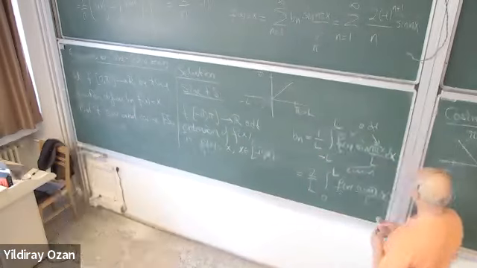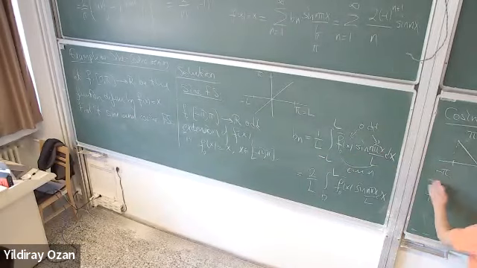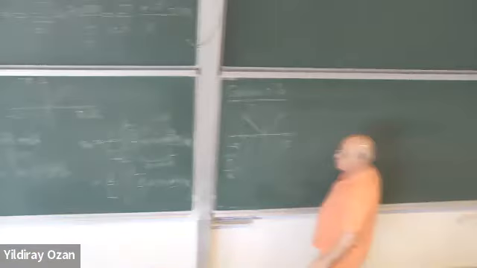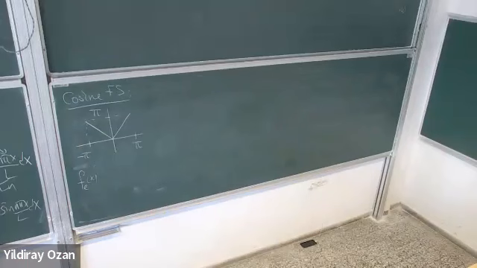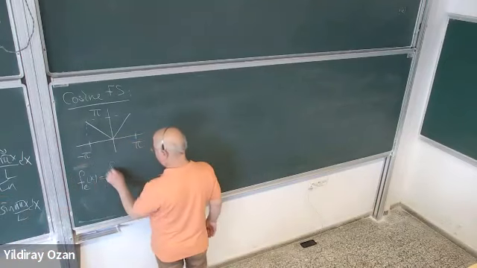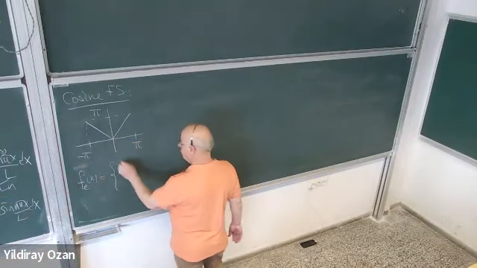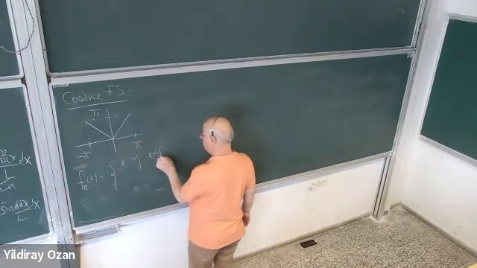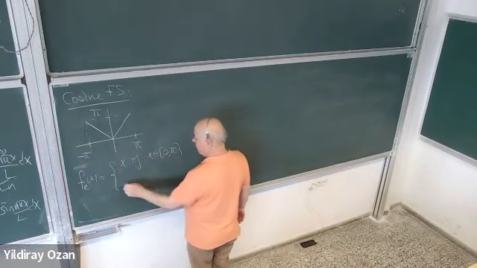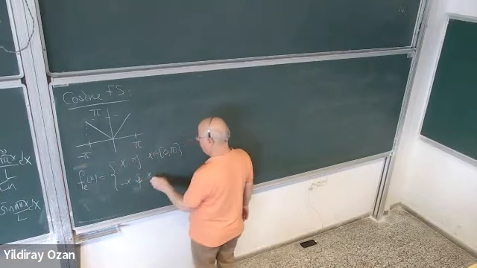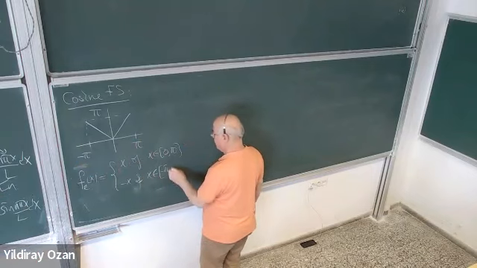And this is the even extension. So what is the even extension? It is just the absolute value of x. So x if x is between 0 and pi, and minus x if x is between minus pi and 0.